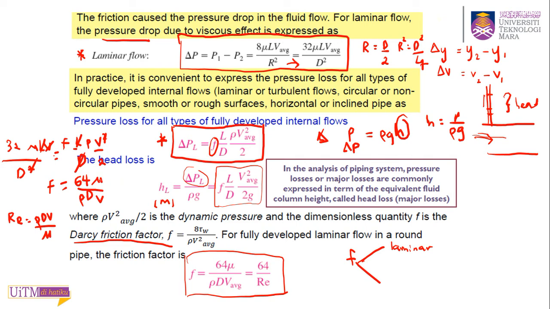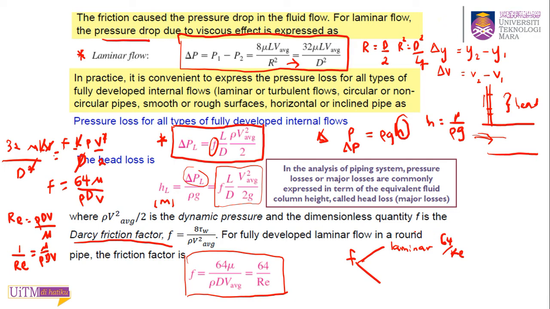And this is just the inverse of the Reynolds number, mu over rho D V. So 1 over Re is the same as this, mu over rho D V. That's why F will equal 64 over the Reynolds number. So that is for laminar flow: 64 over the Reynolds number to get your F.